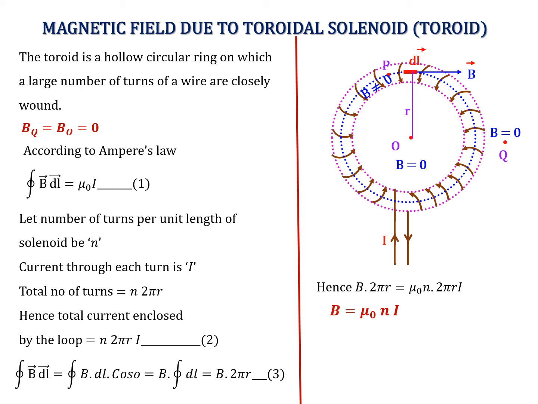If we take any other medium as the core, the magnetic field B can be written as mu r mu naught n I, where mu r is the relative permeability of the medium in the core of the solenoid. So we can apply Ampere's law to find the magnetic field due to a toroid.